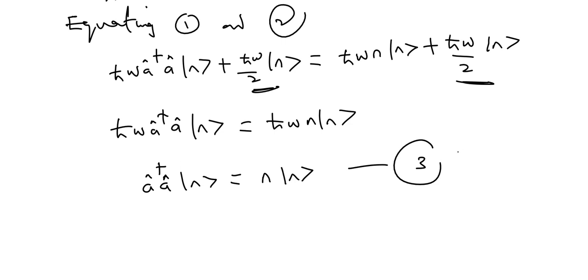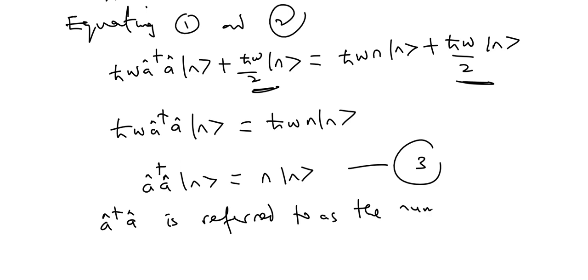So what does equation 3 tell us? It tells us that the energy eigenstate of a†a is n. This a†a is what we refer to as the number operator.